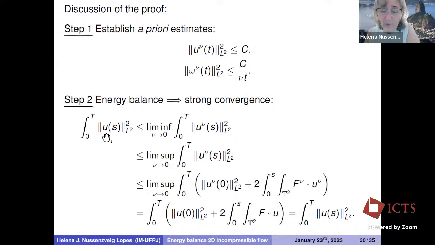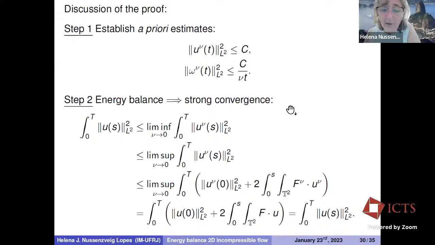So U nu converges weakly, weak star to U. Then this norm is going to be weakly lower semi-continuous. So this object is less than or equal to the lim inf with respect to nu of the corresponding object for the viscous flows. The lim inf is always less than or equal to the lim sup.